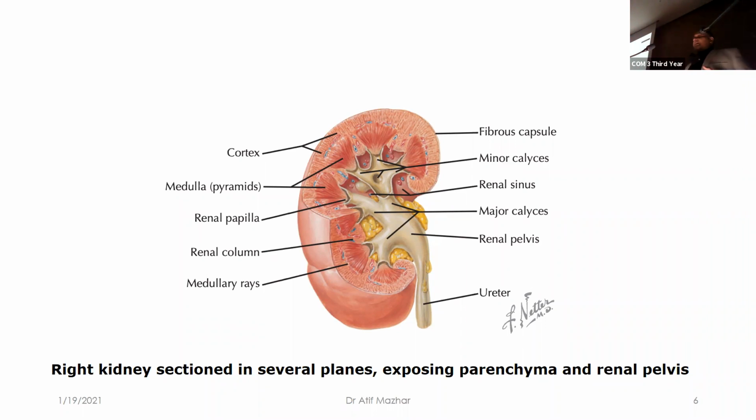And then ultimately, all that is being excreted from the kidney is poured into the calyceal system. There's a detailed anatomy of the calyceal system, but it's not needed at the moment.